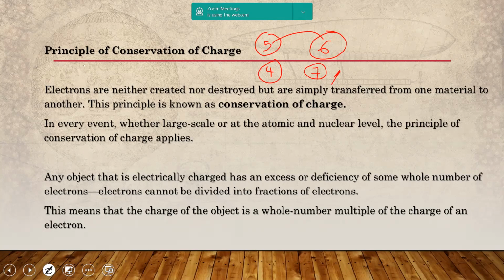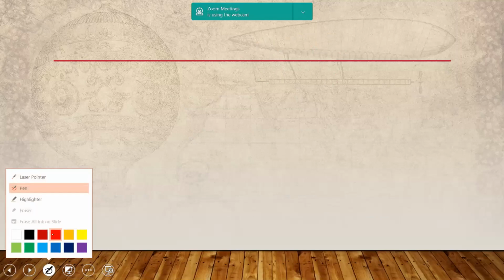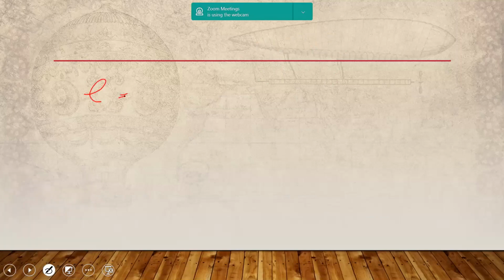Now, the charge of an electron is 1.6 times 10 to the negative 19.